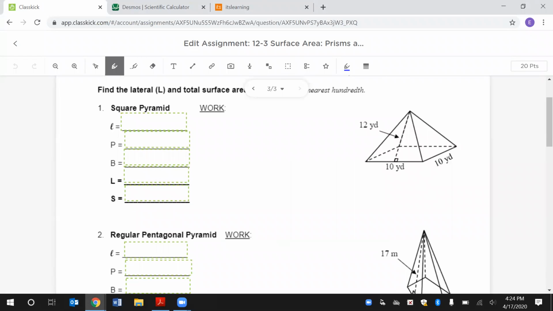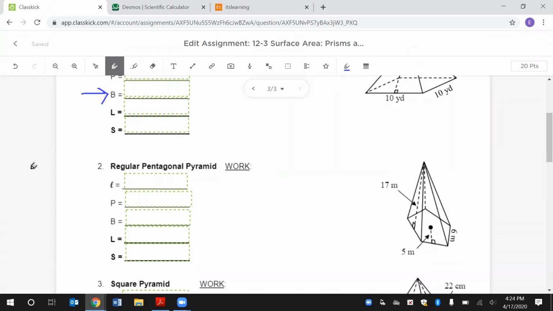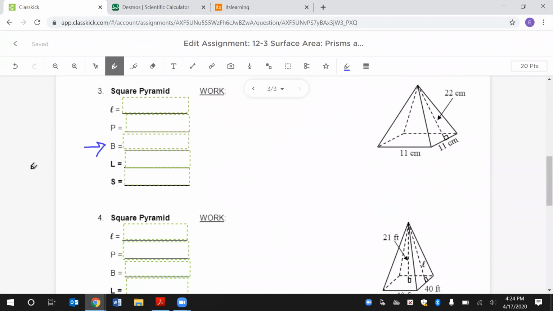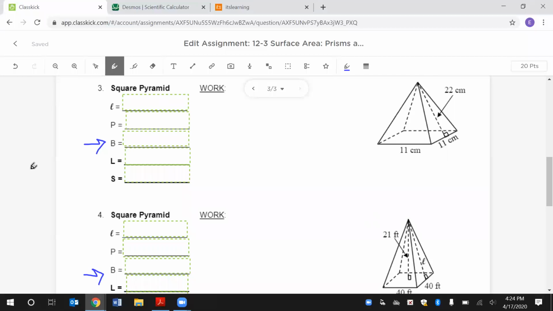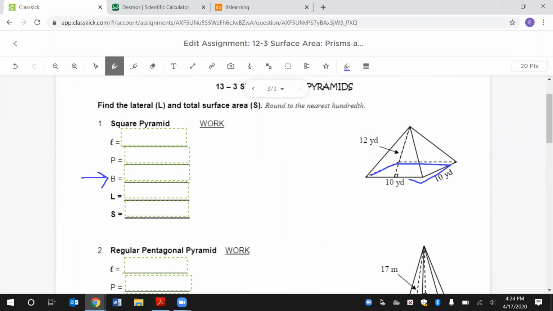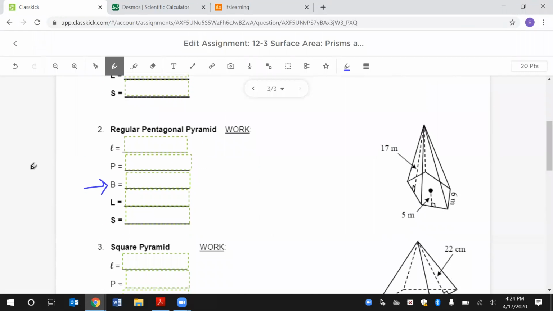Again, the area of the base formula is gonna change depending on what type of base you have. So be really careful when you're looking at that. Here you use the formula for the area of a square because the base is a square. Here, the area of a pentagon, which is a polygon, NSA divided by 2.